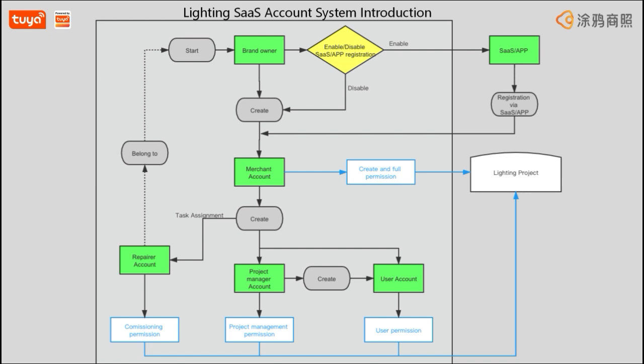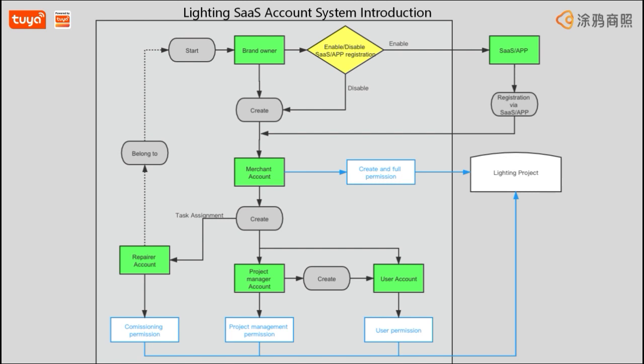Of course, they can create as many projects as they want, and the merchant account can also create three kinds of account. It's listed here: project manager account, repairer account, and the user account.